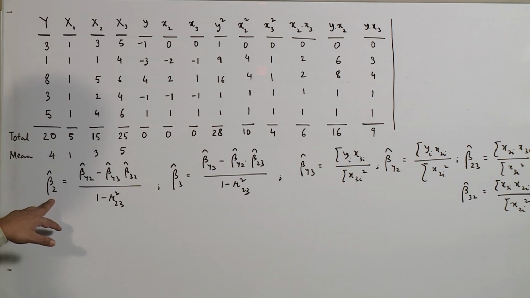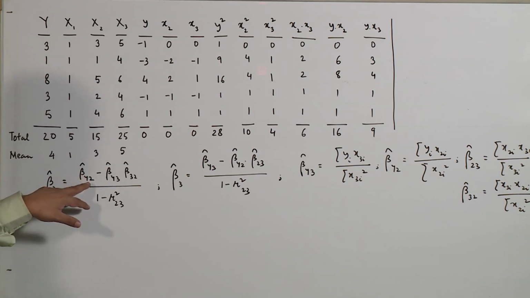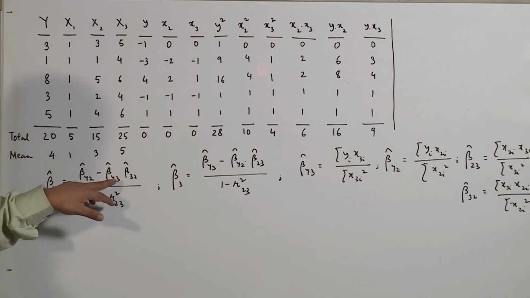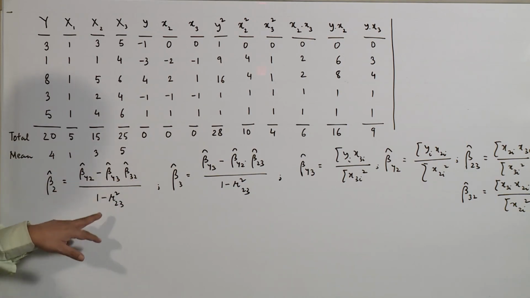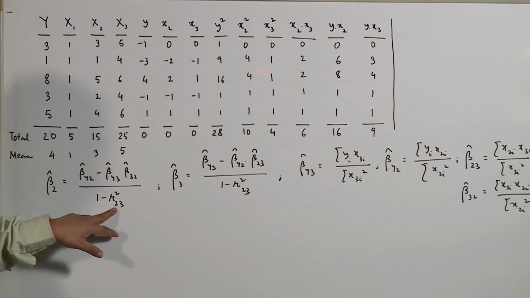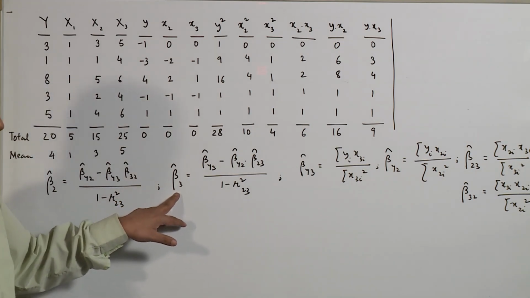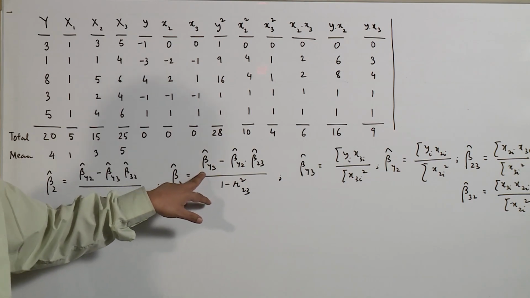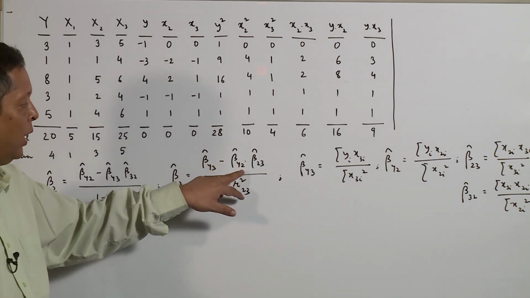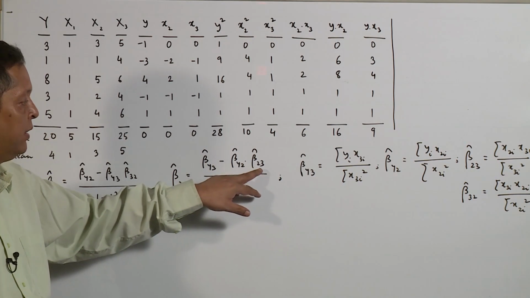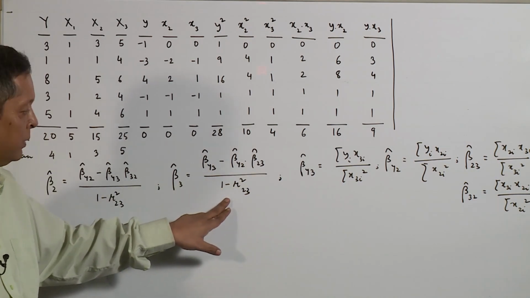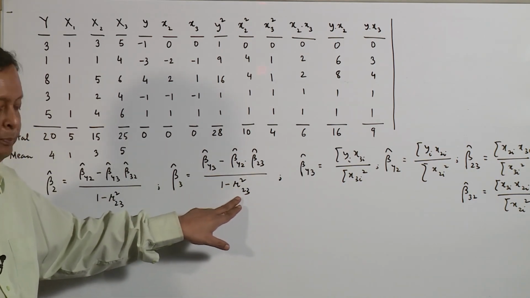So, basically it is beta hat y2 minus beta hat y3 times beta hat 32, divided by 1 minus r square 23. Similarly, beta 3 hat is beta hat y3 minus beta hat y2 times beta hat 23, divided by 1 minus r square 23.